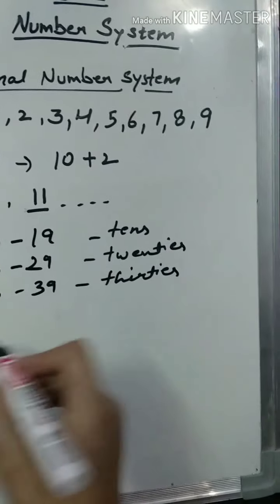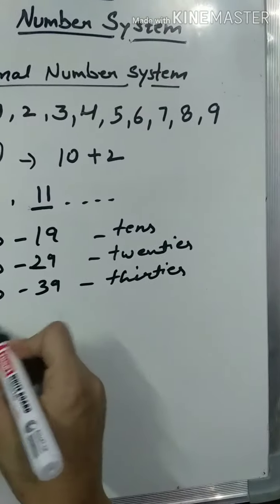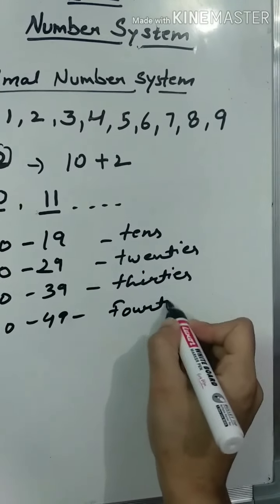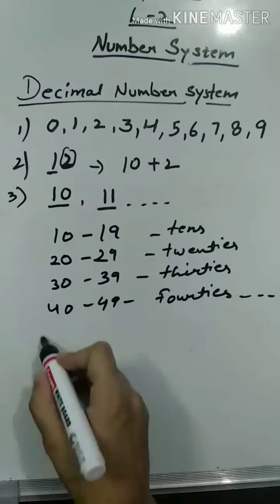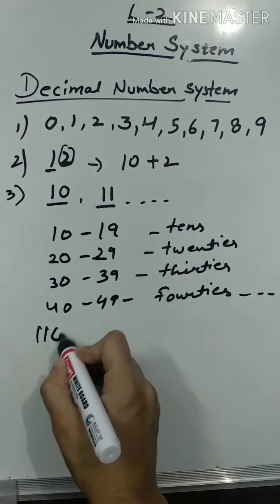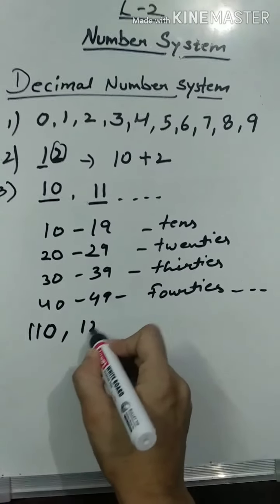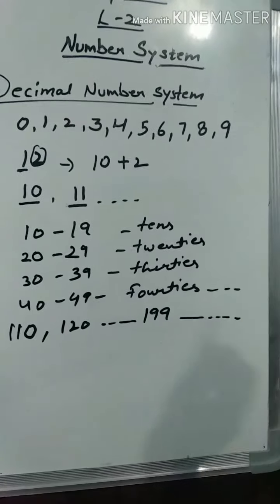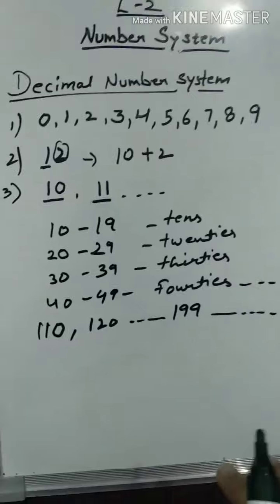And after that 40 to 49 are called 40s, and so on. In hundreds, we get 110, 120, 199 and so on. So this is the decimal number system.